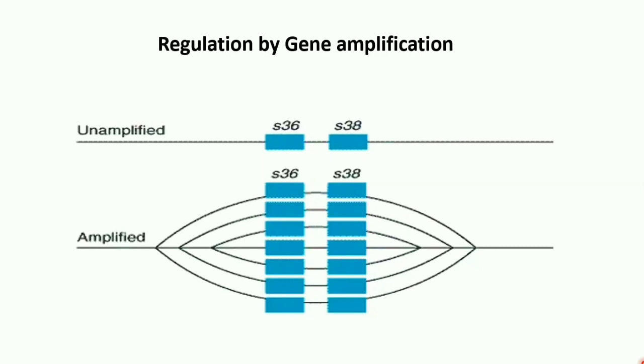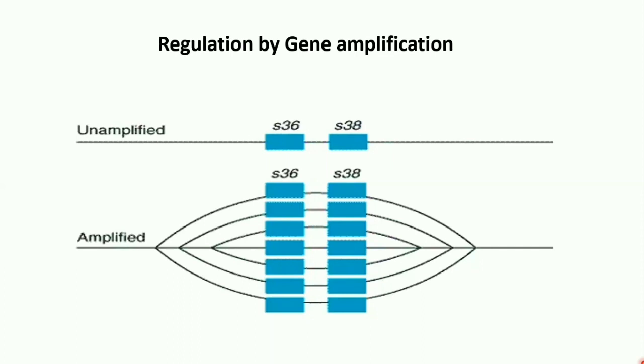That leads to enhanced expression of the gene, which is then translated to protein. So a larger amount of protein is produced. Gene amplification is seen in many organisms, for example the fruit fly, Drosophila. The amplification of the gene coding for eggshell protein is observed during the course of oogenesis.